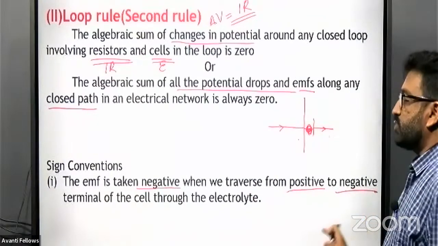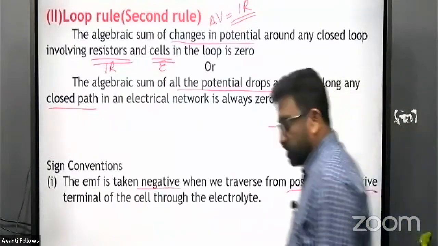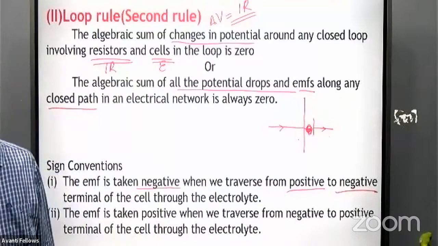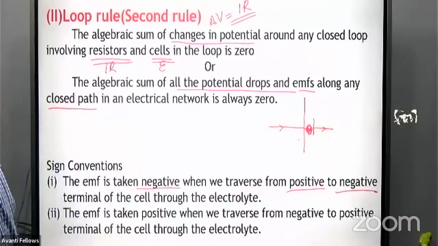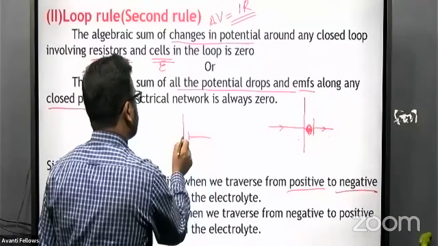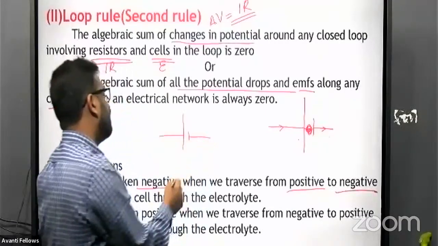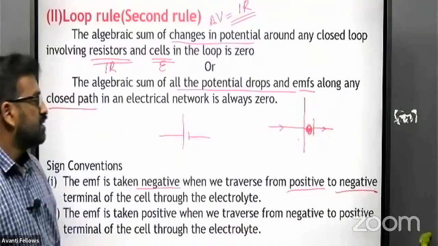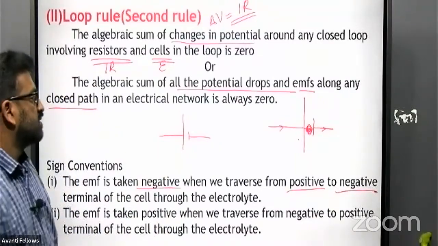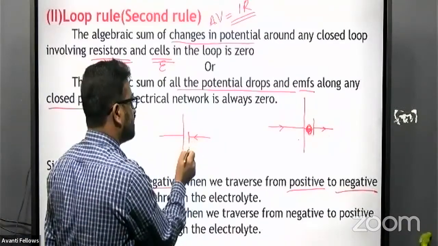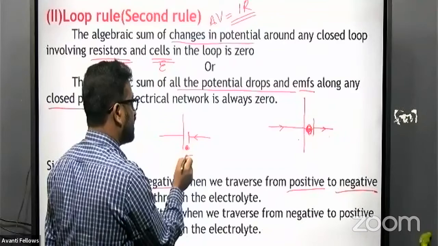And the second one: the EMF is taken positive when we traverse from negative to positive. That is, we are moving like this, through the electrolyte.